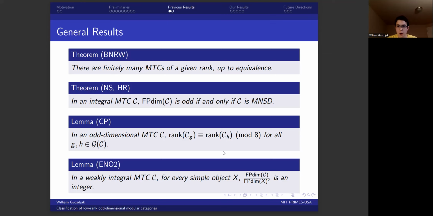Because otherwise, we would solely know that the FPDIM of X is some integer whose square is less than or equal to the FPDIM of C. But with this, we know that its square even has to divide the FPDIM of C. One thing to note is that if we do remove this weakly integral condition from this lemma, so we solely require that C is a modular category, instead of knowing that this ratio is an integer, we know that it's an algebraic integer.